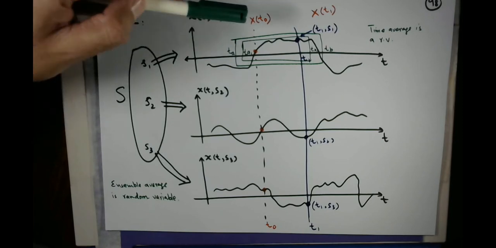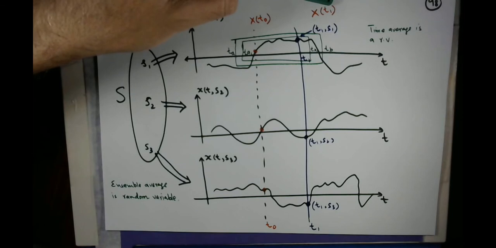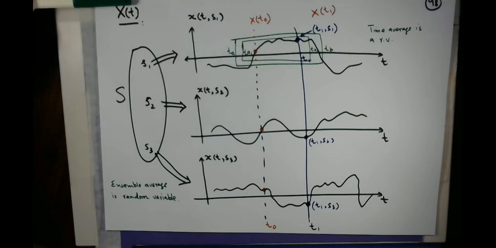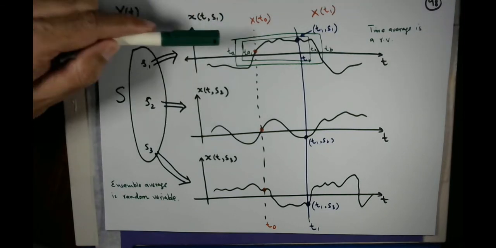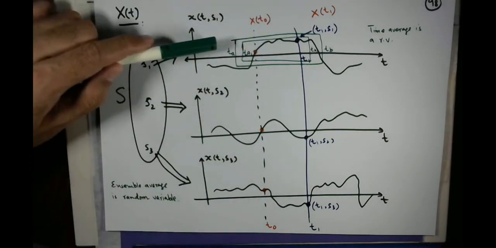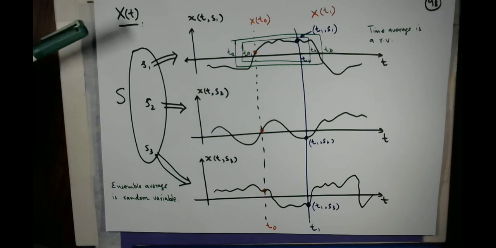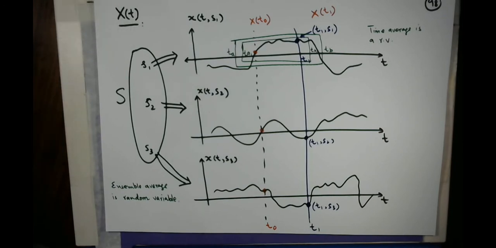So you see now t naught is one fixed instant, t1 is another fixed instant, but t is the general time. So you have this random variable, you have this random variable, you may have many other random variables possible from this process. So all these random variables can have averages as well.